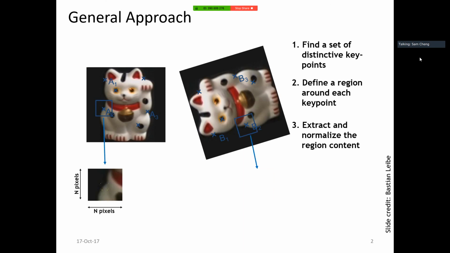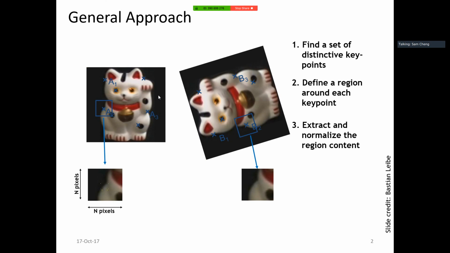The big picture here is, if you have two images with two objects there, and you know that they are the same object, one way to match them is to first locate some key points. Those key points are supposed to be distinct, and once you have the key points, we hope to be able to extract some descriptor.